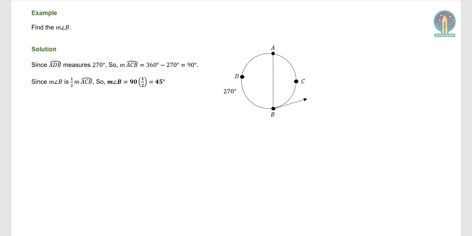Here is another example. Find the measure of angle B. We know that the measure of arc ADB is 270 degrees.